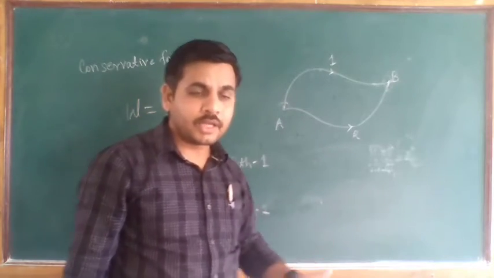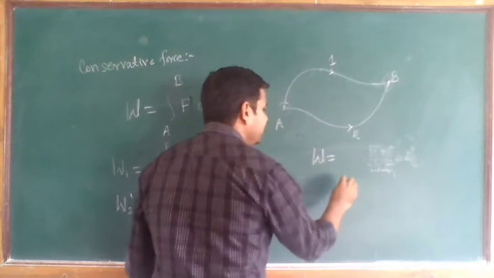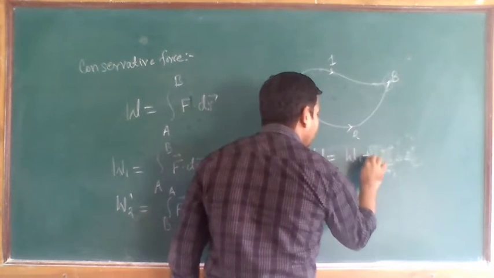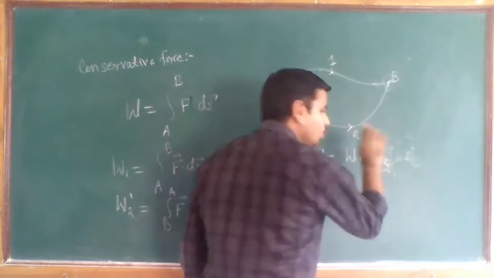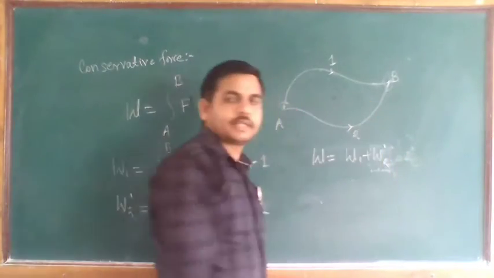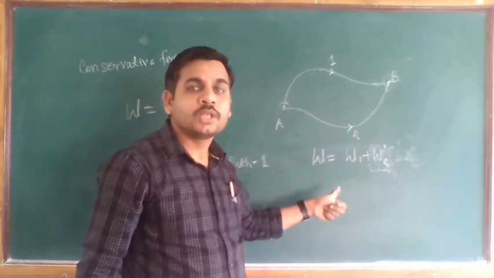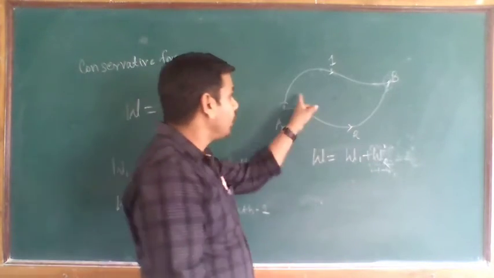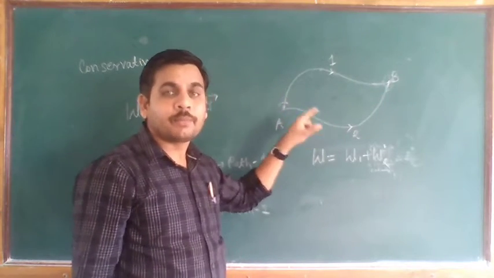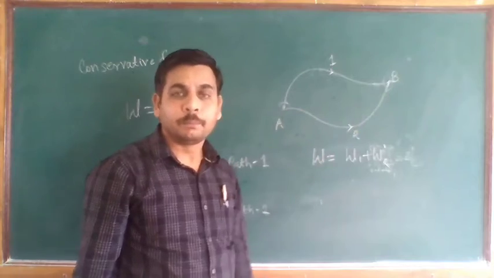So from here we get total work done W is equal to W1 plus W2 dash. So W1 plus W2 dash gives the total work done for this round journey trip, or this closed loop from point A to B.